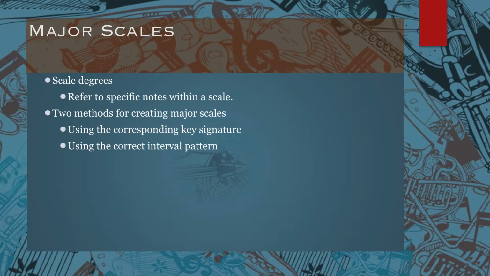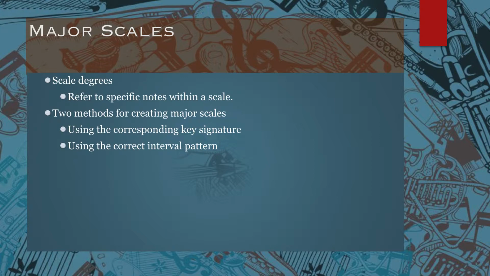for you. The first method is to match the scale name with the corresponding key signature. So in the key of C major, go back to the circle of fifths and match it with the key that starts with C. That's the very first one in our circle of fifths, and it has no sharps or no flats. So a C major scale will use notes C, D, E, F, G, A, and B. No sharps, no flats.